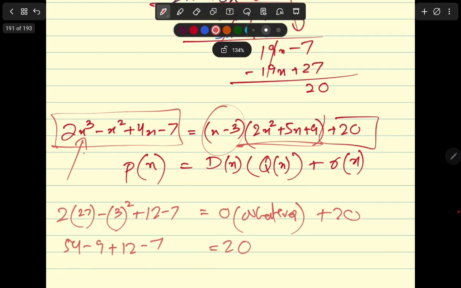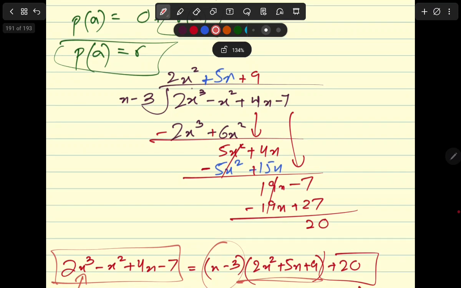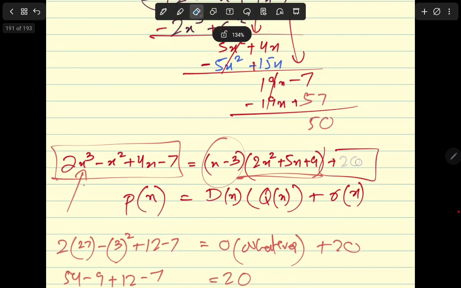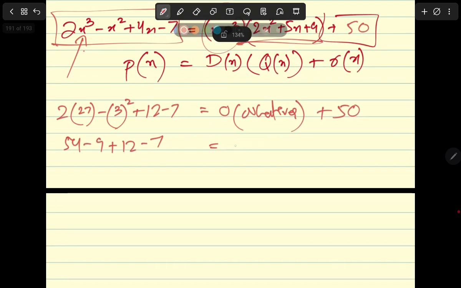So I must get a 50 here, and I don't know why I am not. Oh, sorry. I could see here, this is a plus 19. My bad. So 3 times 19 is 57. So 57 minus 7 is 50. So this here is 50, and this is 50. My bad, I'm sorry, I made a mistake. You guys may have spotted it earlier than I did.